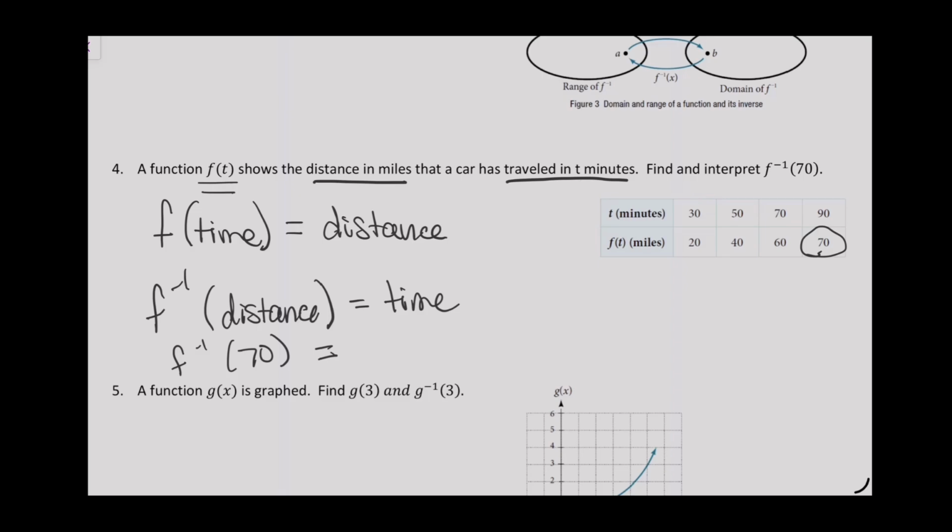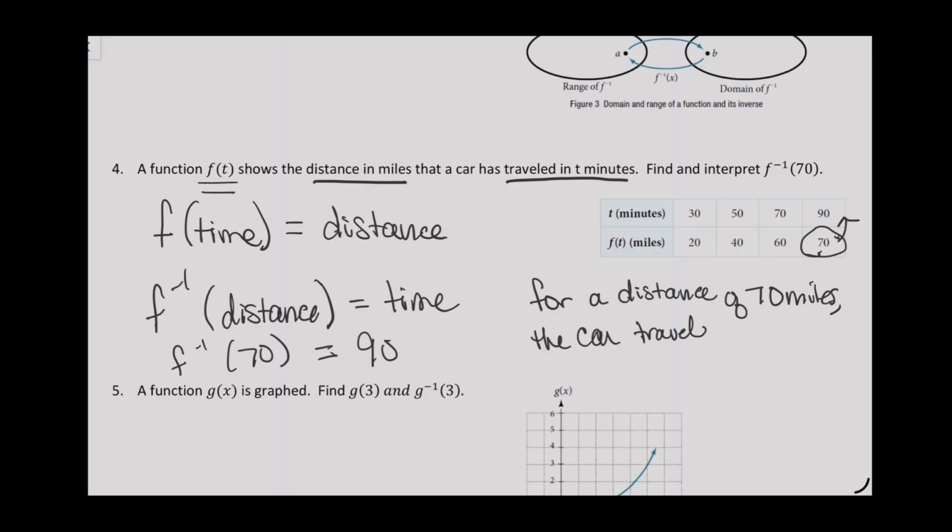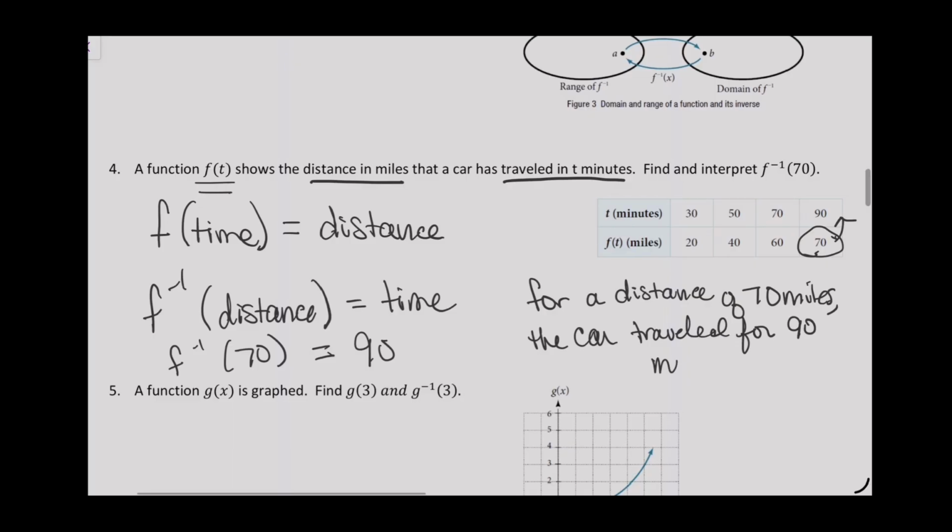It outputs 90, right? So it says interpret. For a distance of 70 miles, the car traveled for 90 minutes.